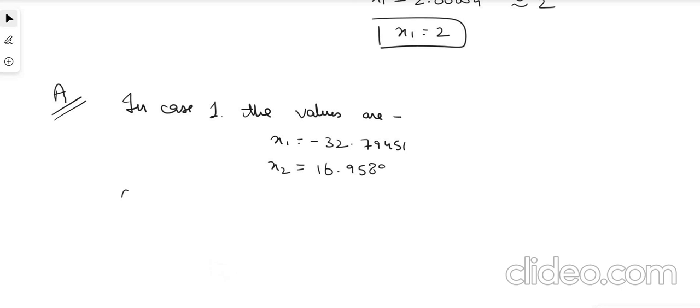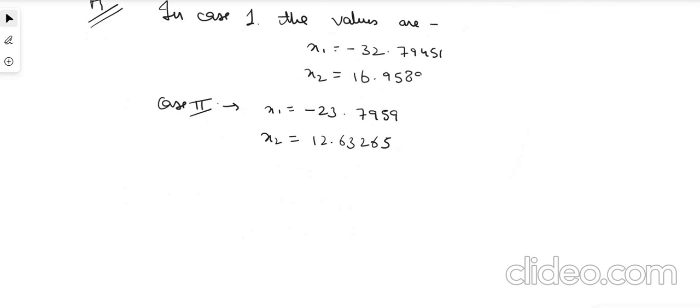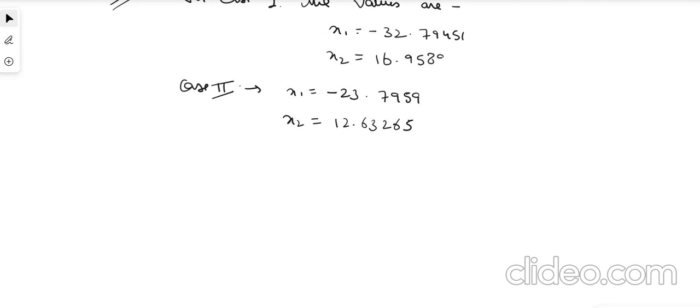And in case 2, the values are x1 equals minus 23.7959 and x2 is 12.63265. Hence, we can conclude that when the value of A22 is changed by 0.001, the result displays a big change in the x1 and x2 values.